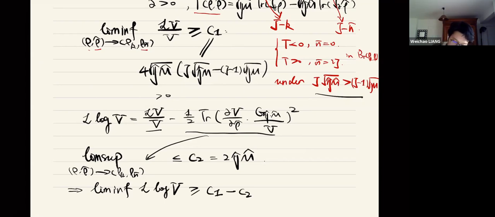And in order to ensure the C1 minus C2 is strictly positive, we need another assumption, 2G minus 1.